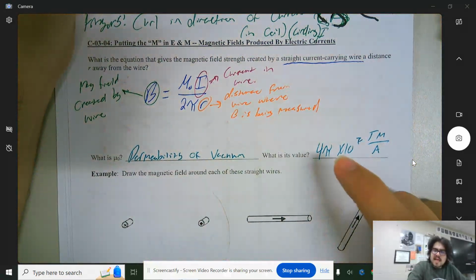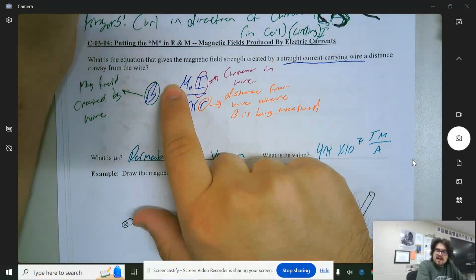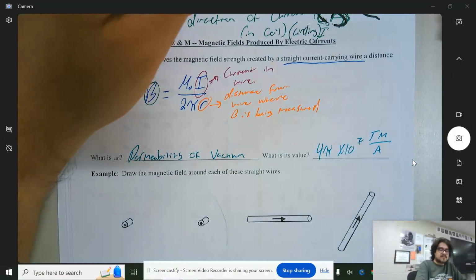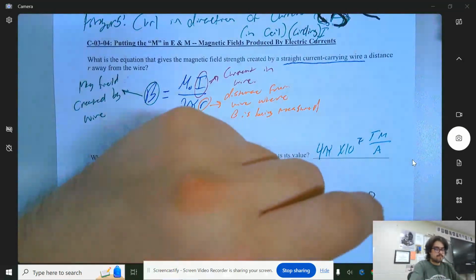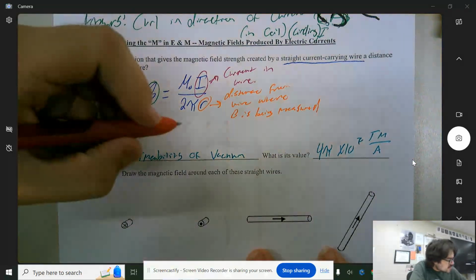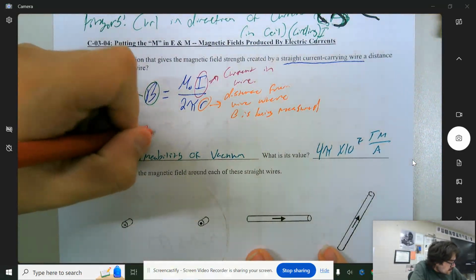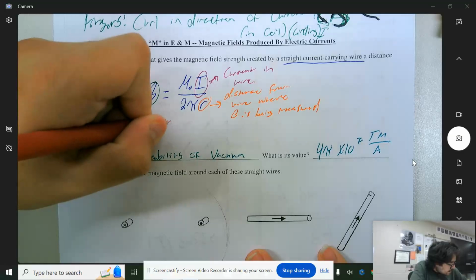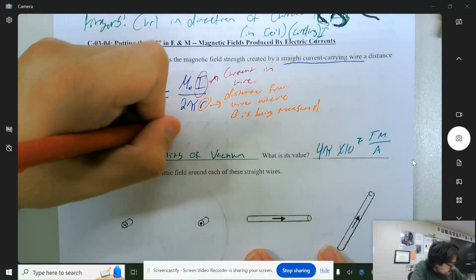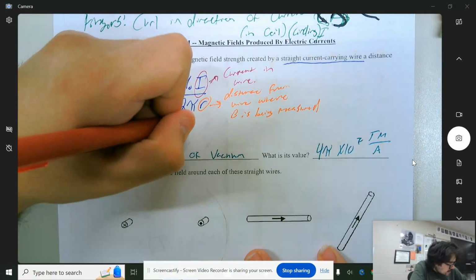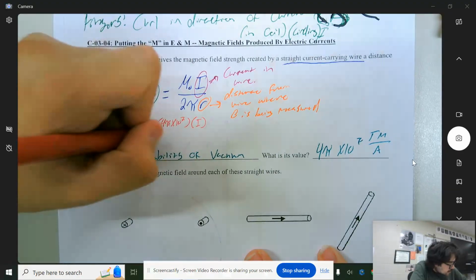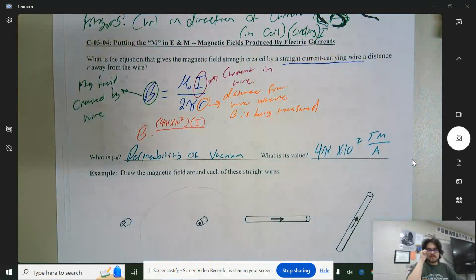If we make that substitution in here, then you'll notice that we get B equals 4 pi times 10 to the negative 7th times the current, I, which we don't know, over 2 pi r. We're just making substitutions with constants.